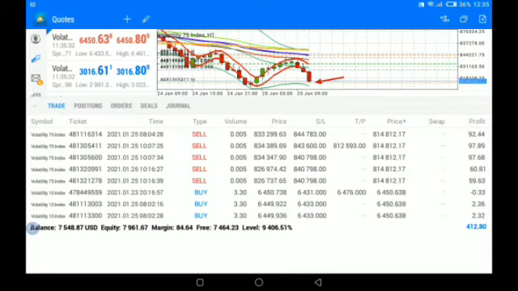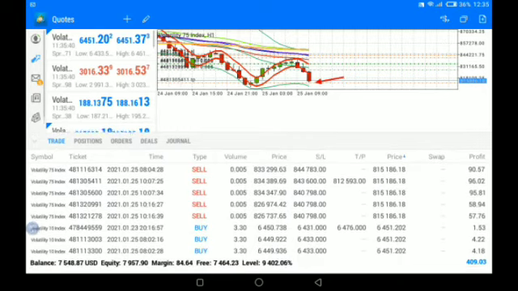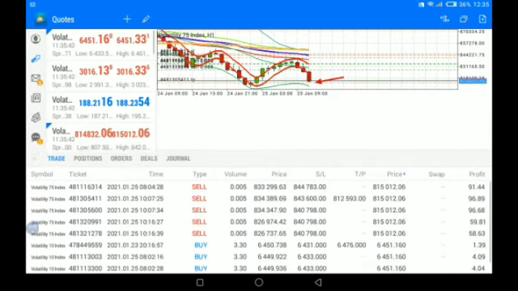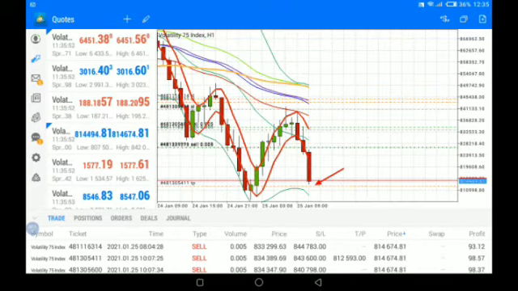Let's see what will become of this trade. Just like I said, in my next upload I'm going to show you a high frequency trade.